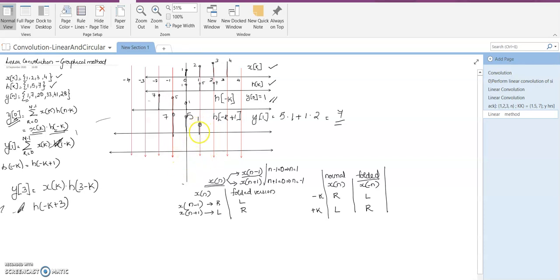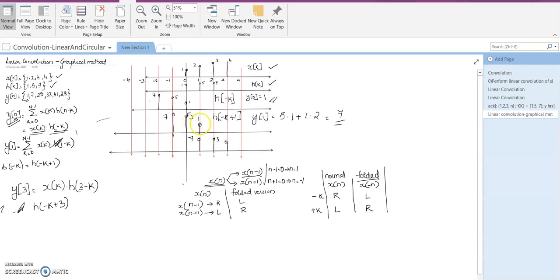So this will be the first step, this will be the second, and this will be the third. So this will be 1, this will be 5, and this will be 7. So that is 3 places to the right.